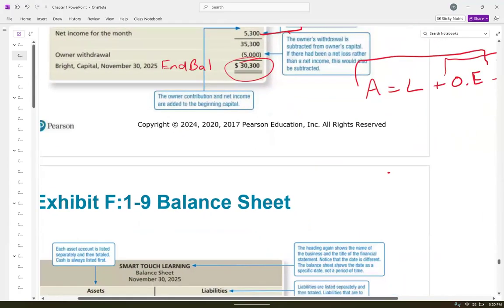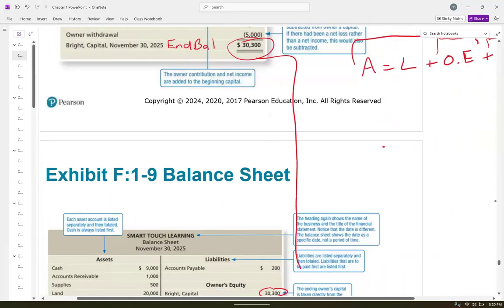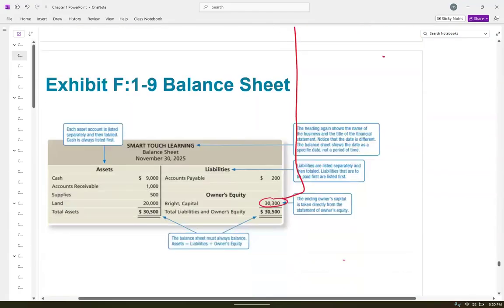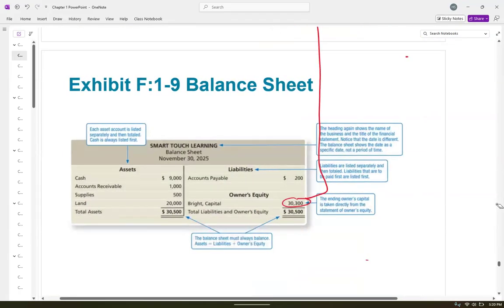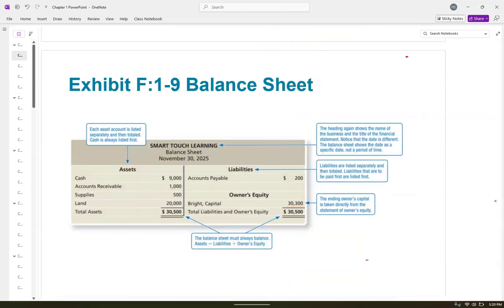We're going to pull this 30,000 all the way down there. Okay. That's the only number you're not going to go back up into that sort of trial balance that we had balances of all those accounts. You're going to pull that number from the statement that we just prepared. Okay. And we put 30,300 in there with the payable of 200, and that makes our balance sheet balance.